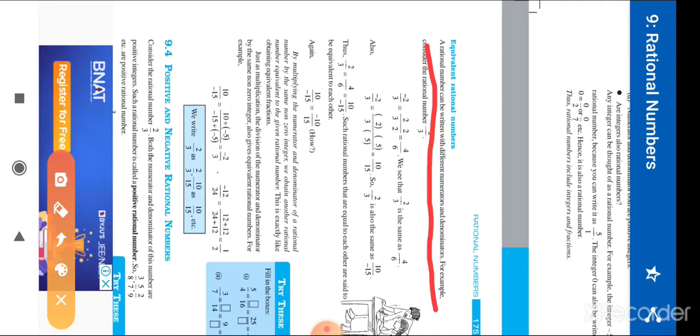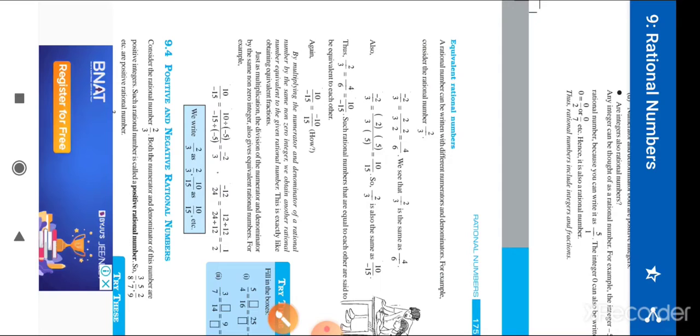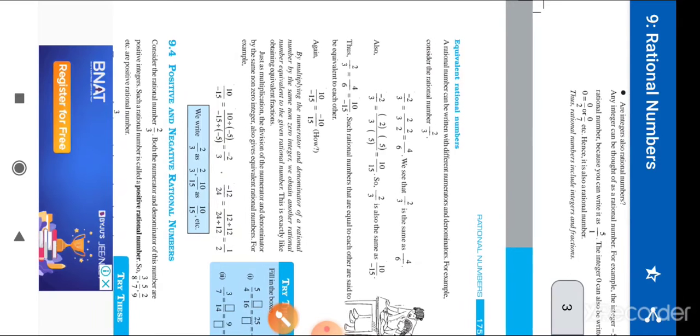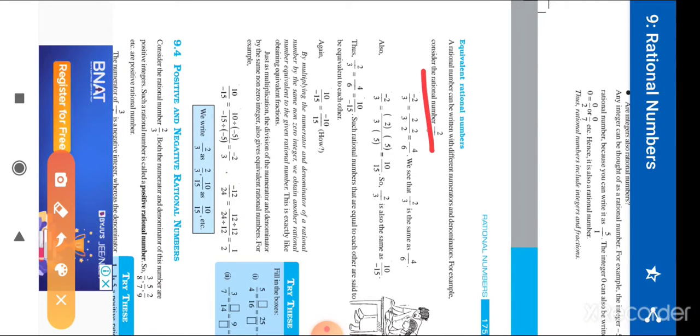For example, we have a rational number 2 upon 3. Suppose we have to find its equivalent rational number. For this we multiply numerator and denominator of this number by the same non-zero integer.